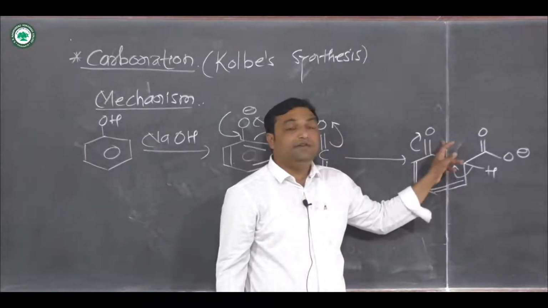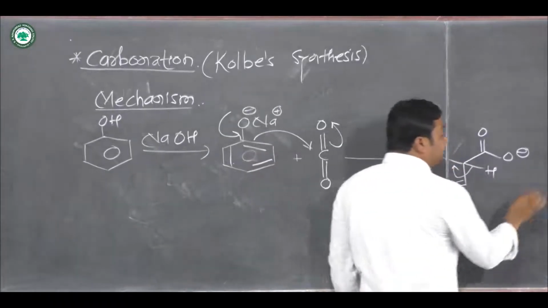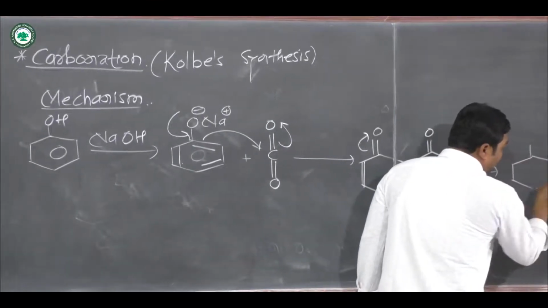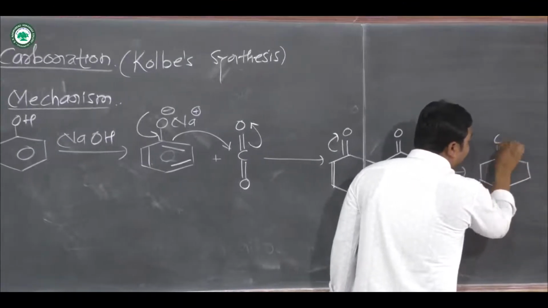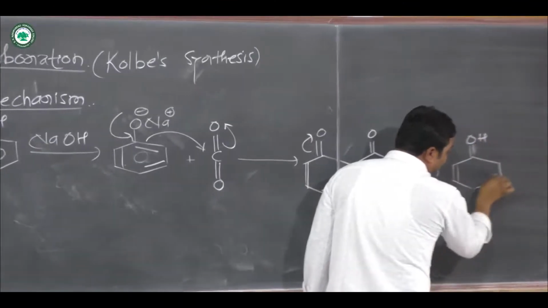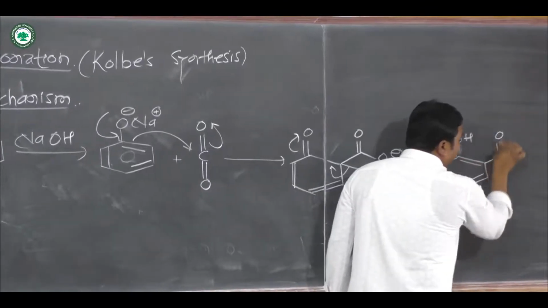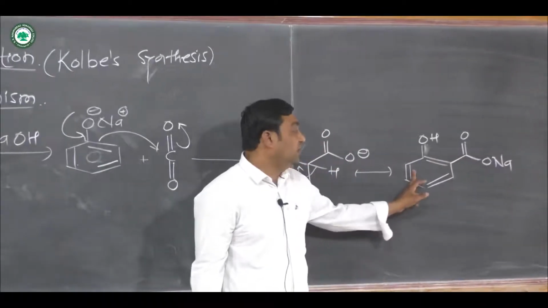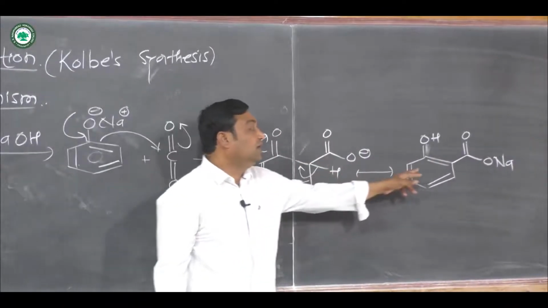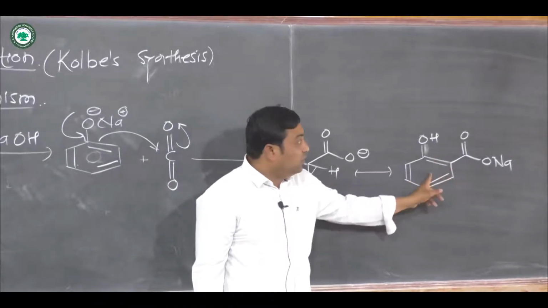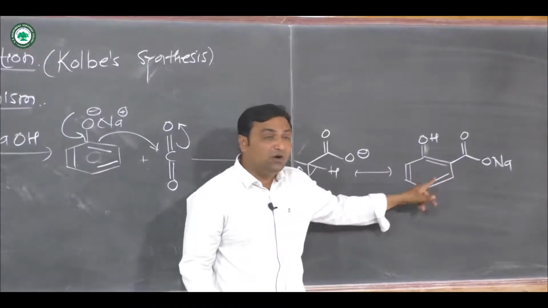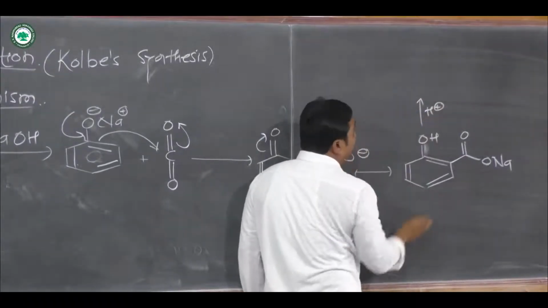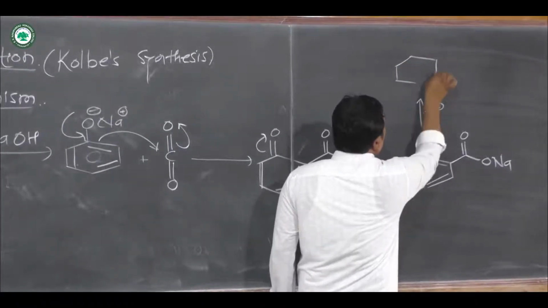The intermediate undergoes rearrangement to give sodium salicylate. Now this molecule undergoes rearrangement to give what? Sodium salicylate. Now this sodium salicylate undergoes acidification to give salicylic acid as a product.